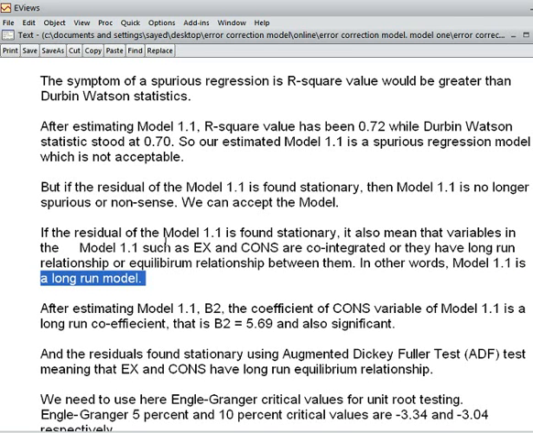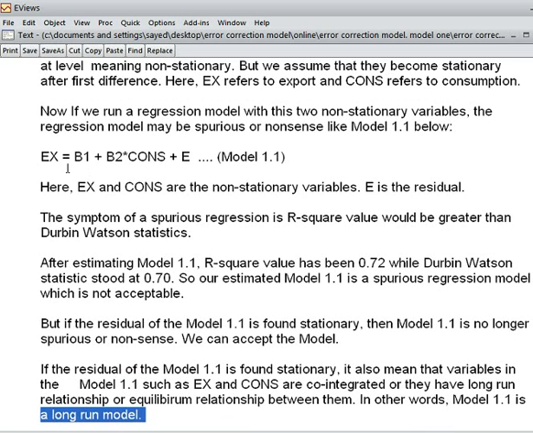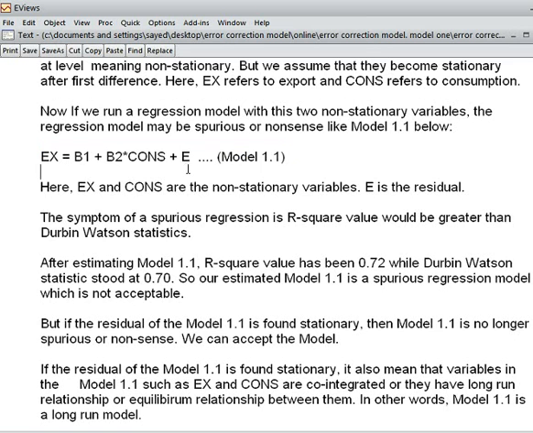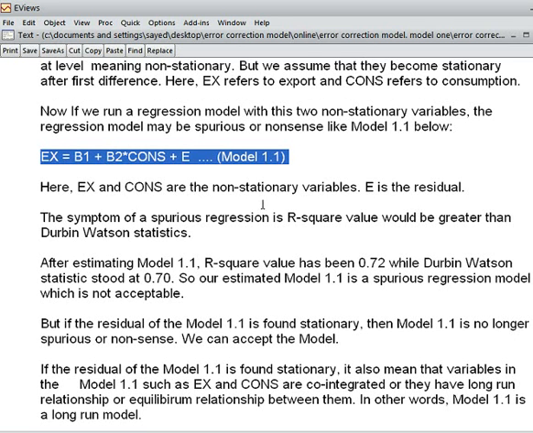And here, if the residual of model 1.1 is stationary, then model 1.1 is a long run model, meaning that B2, the coefficient of cons, would be long run coefficient, not short run coefficient, because the whole model will be a long run model.